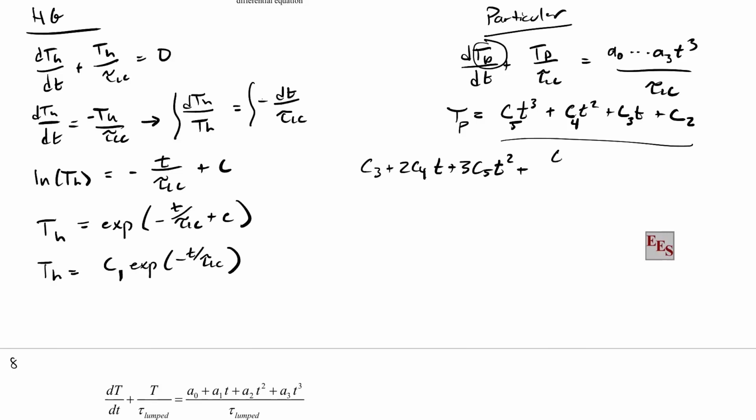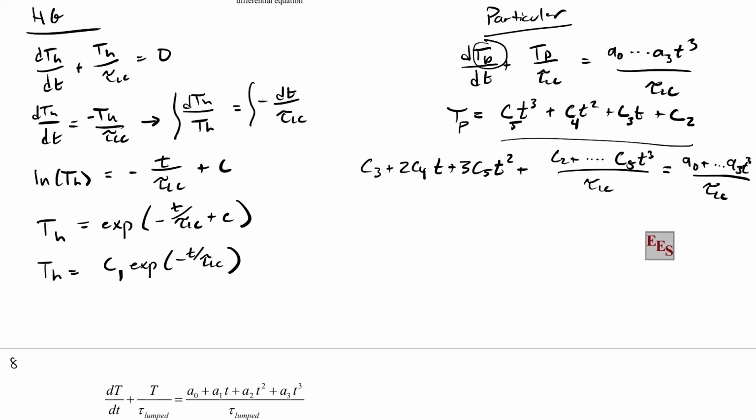So that's C2 plus so on to C5 t cubed divided by tau LC, is equal to the right-hand side, which is A0 plus so on up to A3 t cubed over tau LC. Hopefully my shorthand isn't confusing, but we're just writing out the guess for Tp by plugging it into the equation up there, and then it has to equal what's on the right.